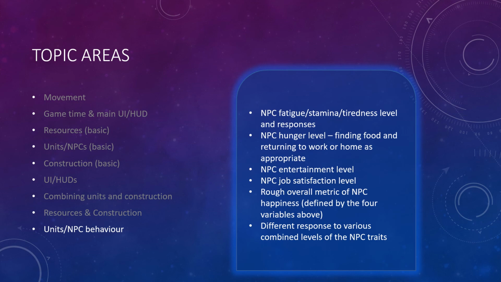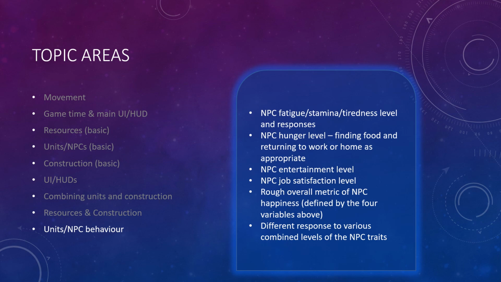But these ideas of how to combine them together to make this metric is something that you can take and use your own variables, your own internal traits of characters' states, to explore another rough overall metric if you wanted. And then have the NPCs respond differently based on these various traits.